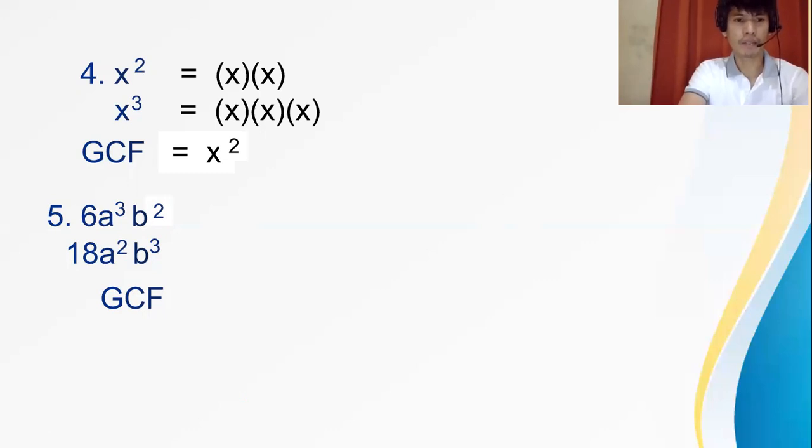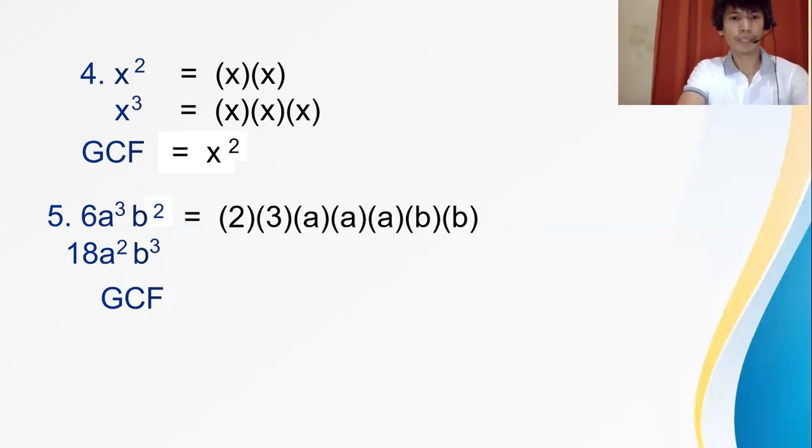Next, number 5, 6a cubed b to the second power, then 18a to the second power b cubed. Therefore, 6 is 2 times 3. And then a to the third power means a, a, a. b to the second power is b and b.